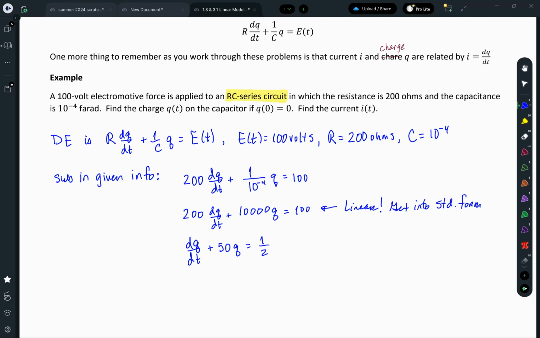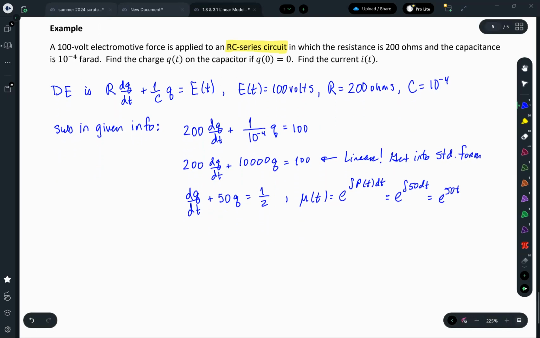Looking at that, my independent variable is t, and so I need mu of t equals e to the integral of p of t dt, and p of t is 50, so I get e to the integral of 50 dt, which is just e to the 50t.